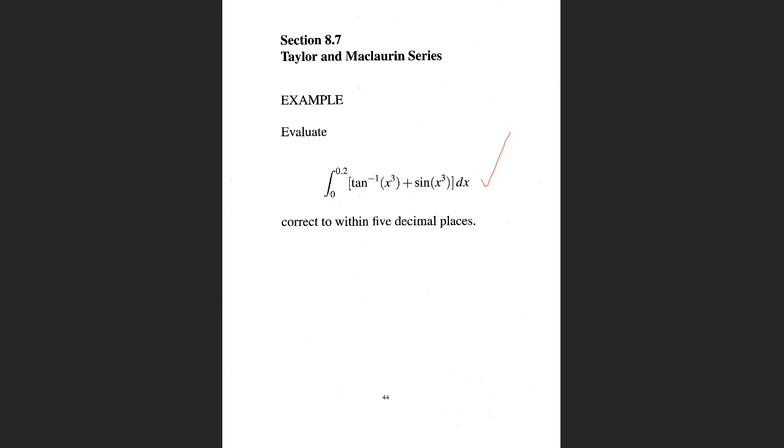We are looking for a definite integral here. For the function arctangent of x cubed plus the sine of x cubed, and remember your angles are in radians, we want to find the area underneath that curve from 0 to 0.2.